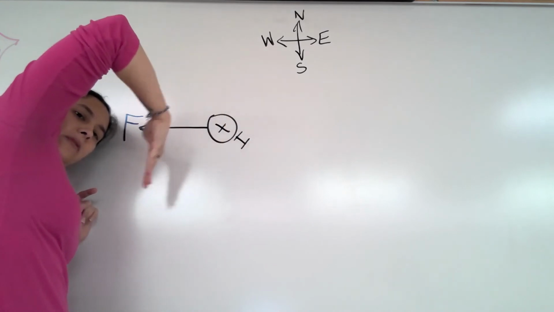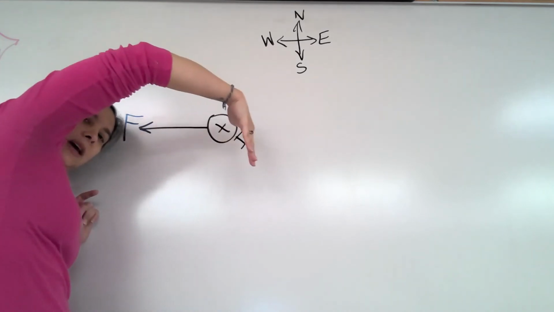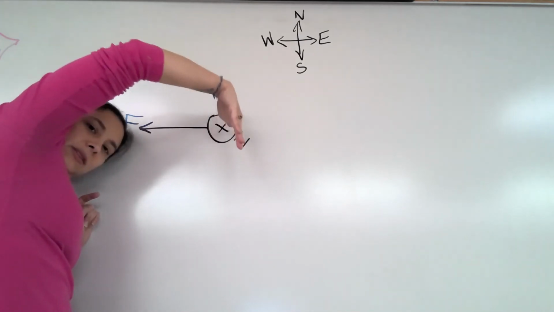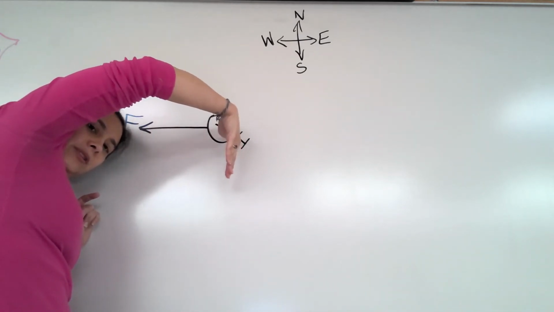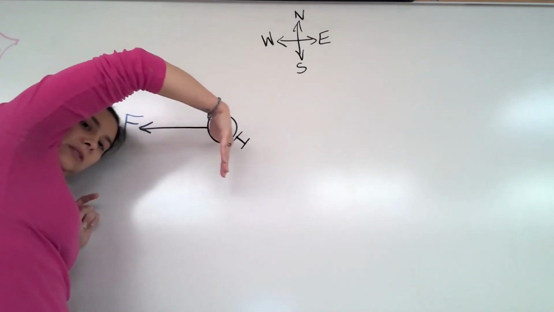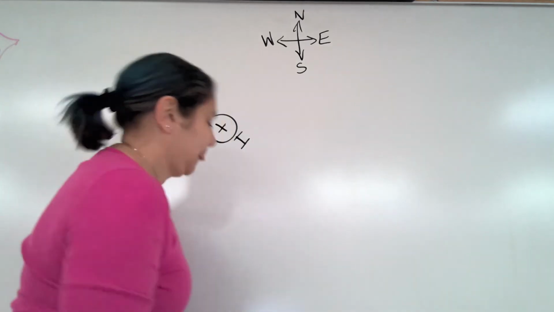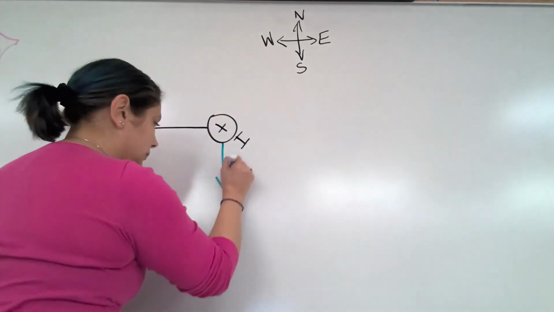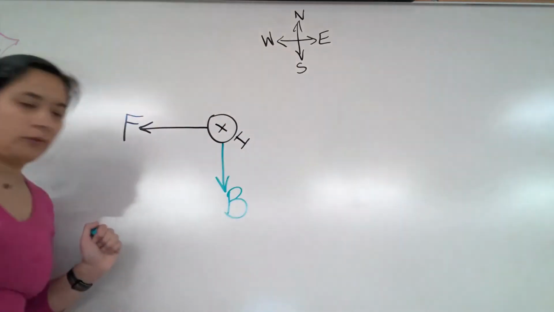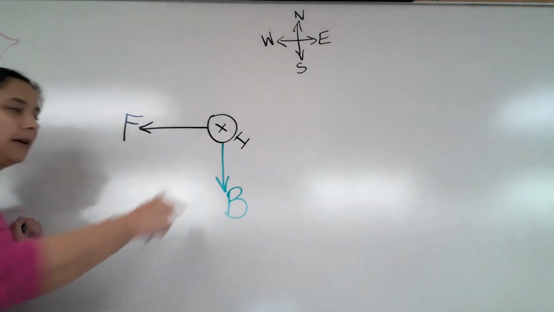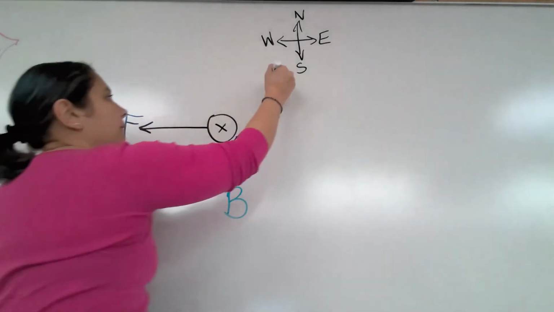So see, now my force, I'm going to slap in this direction. My thumb is going into the board, so which way are my fingers going? Fingers are going downward to the south. And so the answer for this one would be south. Notice every time, FBI, FBI, FBI.